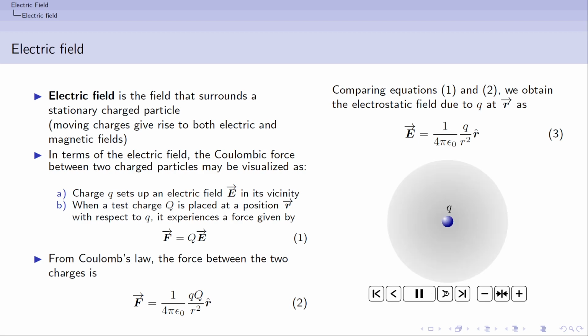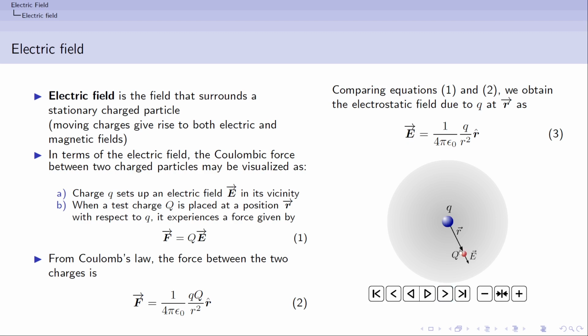So it sets up the electric field here. Now at some point which is at a position r, it sets up some electric field E. So this charge Q modifies its surroundings, and at a separation of r from this charge, it sets up an electric field, and this electric field is given by this expression.